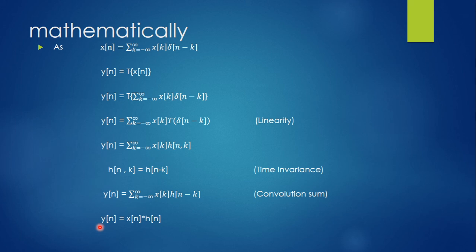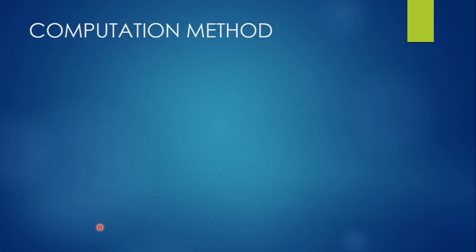Next we will see how to compute it. Mathematically you will have to compute it. Computation method. So this is your basic equation, known as the convolution sum: y[n] = sum over k from minus infinity to infinity of x[k]h[n-k].